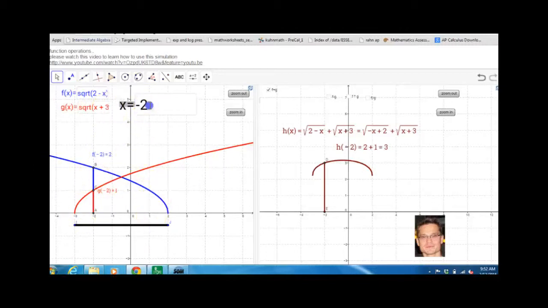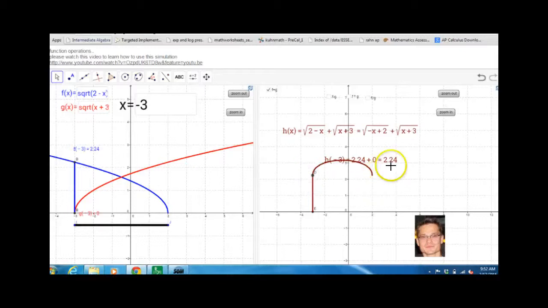So let's say that I have x equals negative 3. You can see f of negative 3 is 2.24, and g of negative 3 is 0. So to have f plus g will be to add those y values, and that will be right here, this function at negative 3.